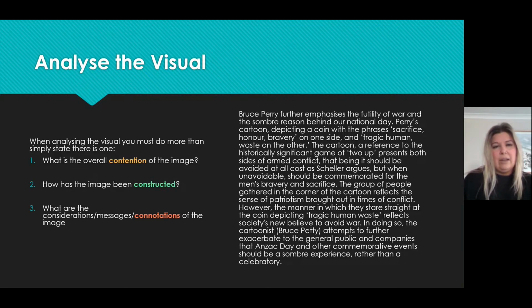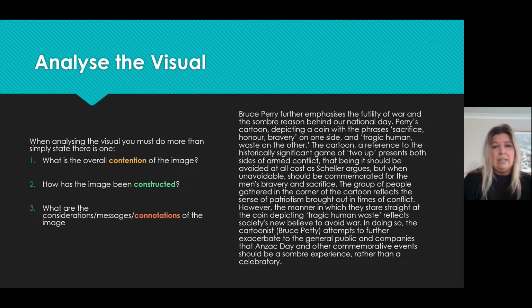Perry's cartoon depicting a coin with the phrases sacrifice, honour and bravery on one side and tragic human waste on the other shows a cartoon that references the historically significant game of two-up, which presents both sides of armed conflict, being that armed conflict should be avoided at all costs, just as Scheller argues.